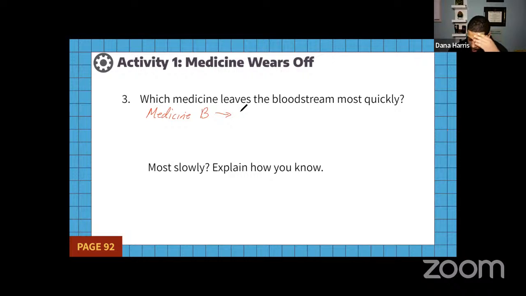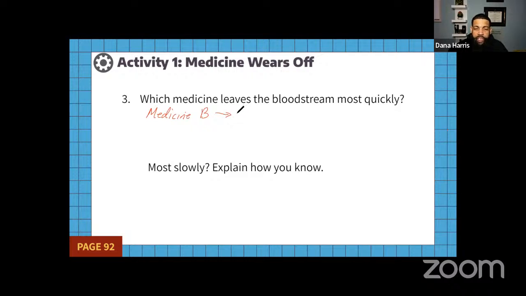I'm sorry, the common factor was 2/10. And so because medicine B is going to leave the fastest because it had the smallest factor, right? So that factor was 2/10.